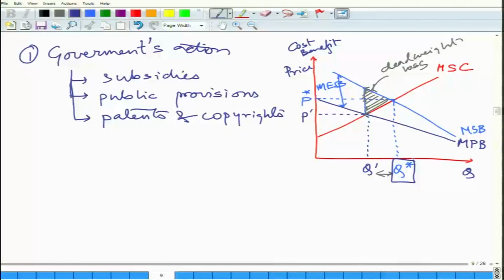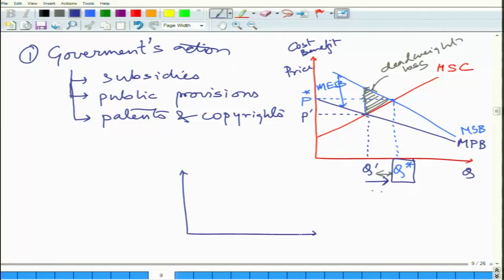The government estimates this Q star amount, and says that you have to increase your production from here to here, and for this I will make the payment. So it's a kind of motivation for this particular organization, which has to move towards the efficient output.